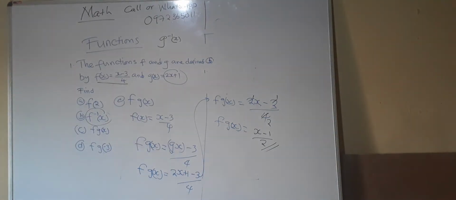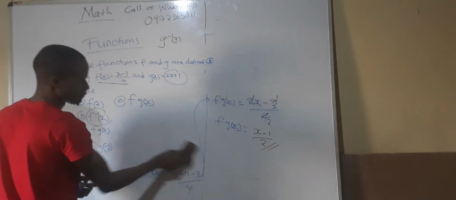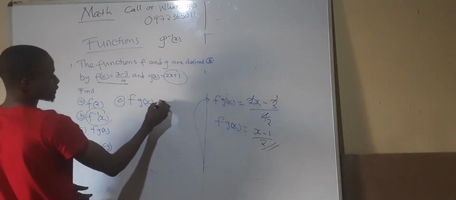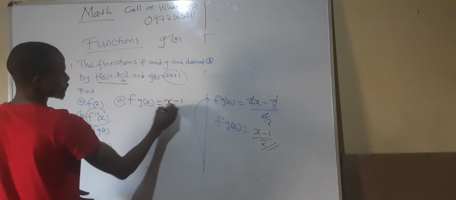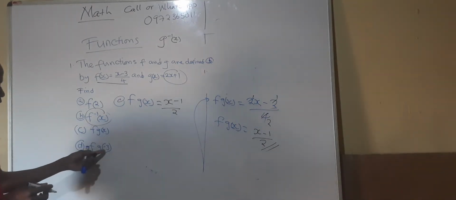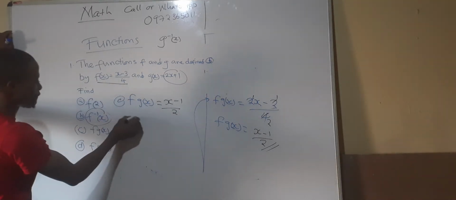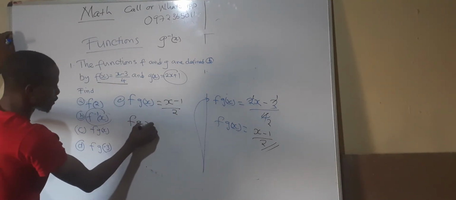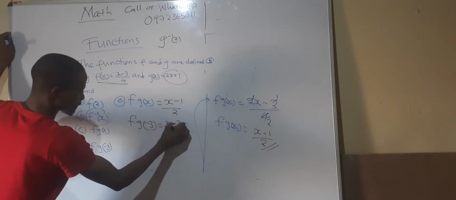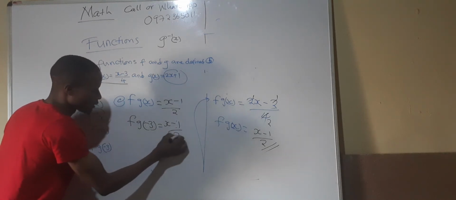So fg of x is equal to x minus 1 over 2. Now where there is x, we replace throughout with negative 3, like we did in the first question. So we have fg of negative 3 is equal to negative 3 minus 1 over 2.